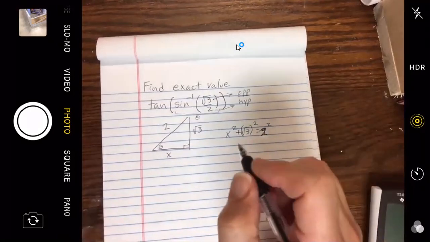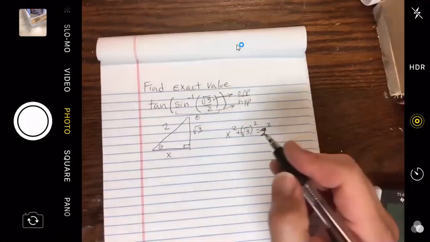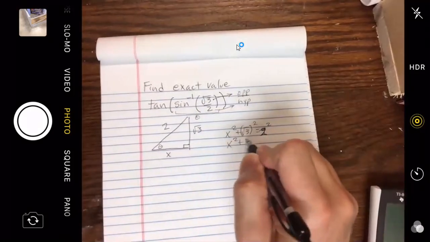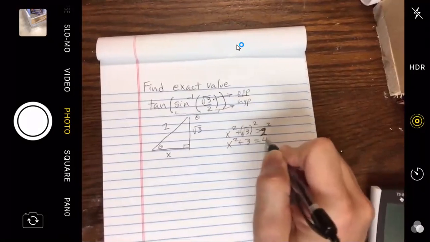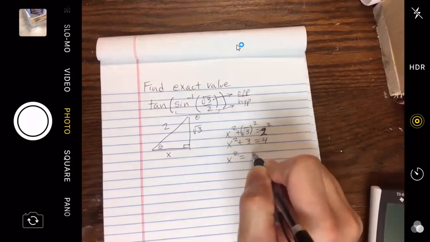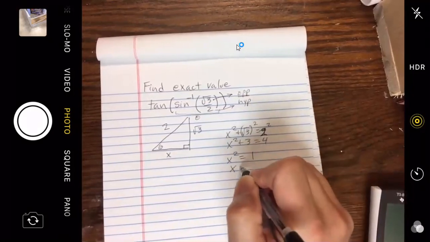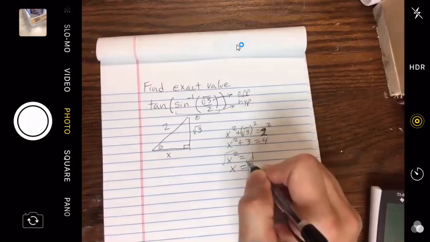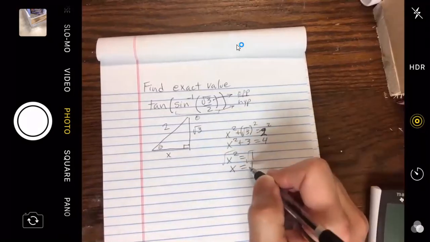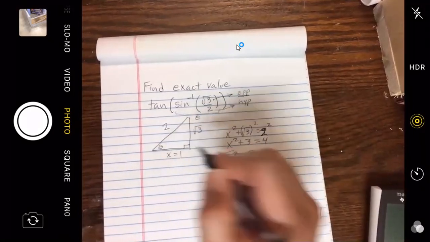Are we losing anybody? No, I'm getting it still. Okay. So x squared plus 3 equals 4. x squared would equal 1 because you move the 3 over, and x would equal 1, the square root of 1. I could use plus or minus 1, but off the triangle, we just use 1.